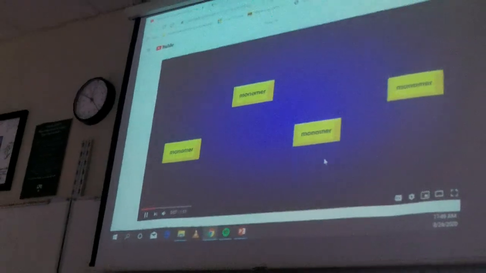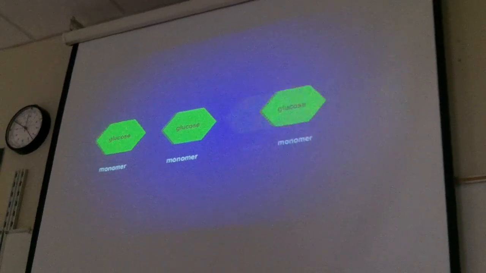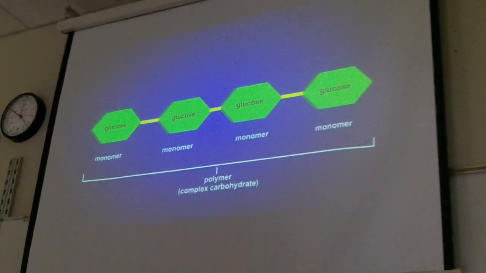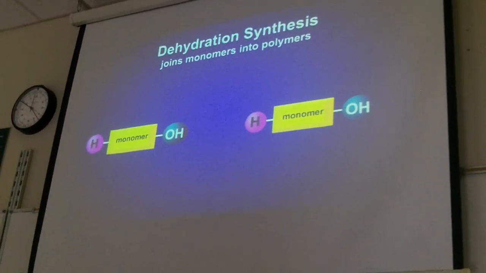Many important biological molecules are made from subunits called monomers. When many monomers join, the result is a polymer. For example, amino acid monomers join to form a protein polymer, and glucose monomers combine to form a complex carbohydrate polymer. Biological polymers form by dehydration synthesis reactions.